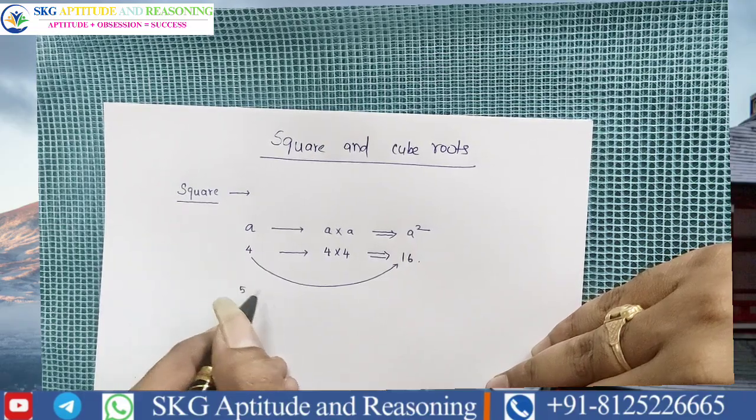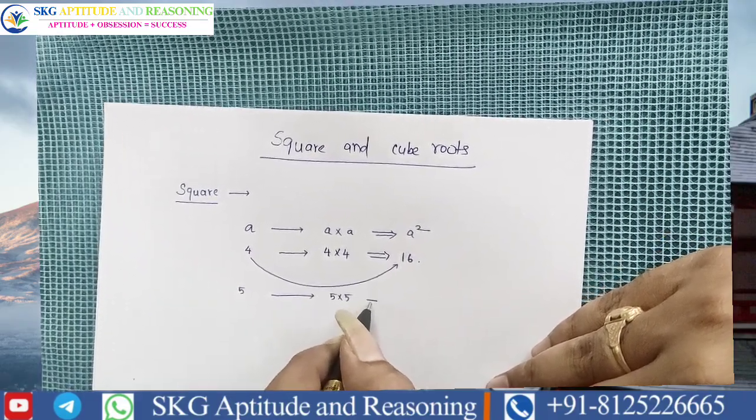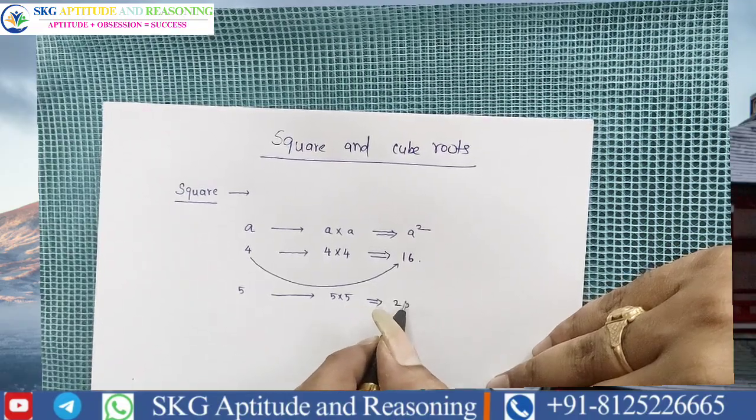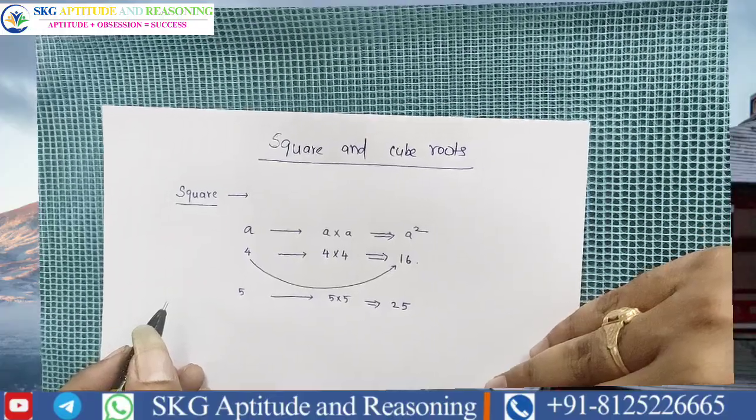Similarly, if I take 5, it is 5 into 5. I need to multiply 5 two times. It will give me the answer as 25. So let us try to write some of the squares here.